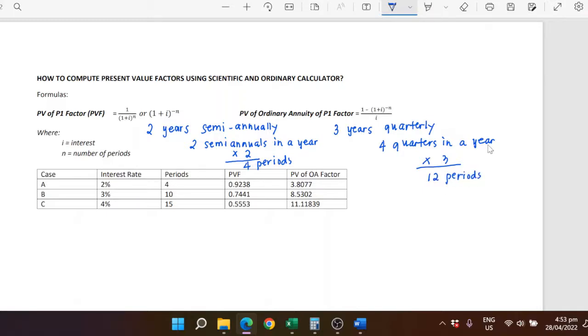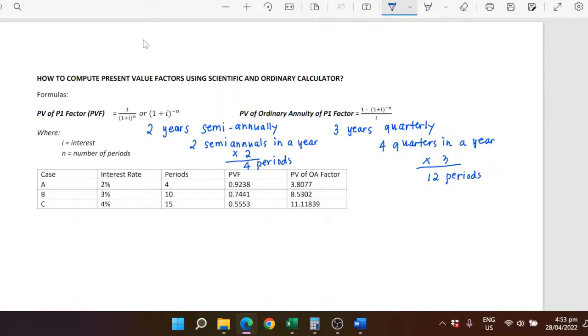Again, it's not necessary that the periods referred to is the number of years, because sometimes in the problem, the period is not yearly, but it could be quarterly, it could be monthly, it could be semi-annually. Therefore, if it is monthly, then there are 12 months a year and multiply it by the number of years.